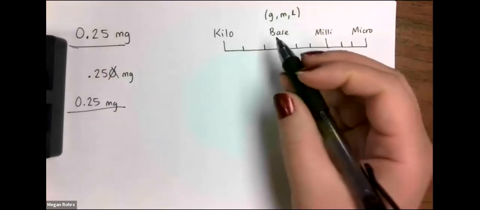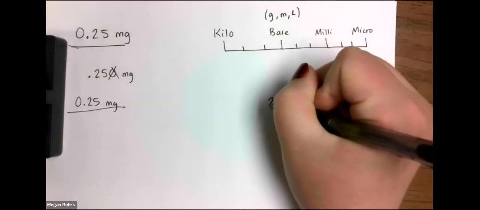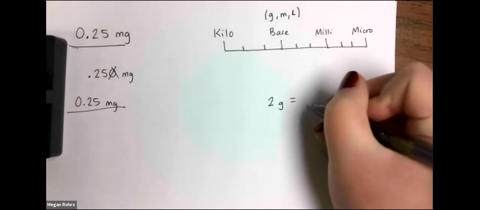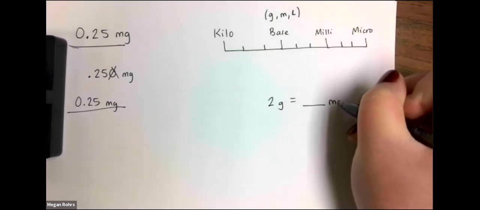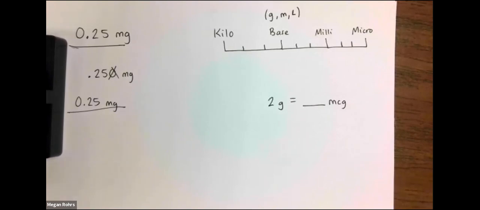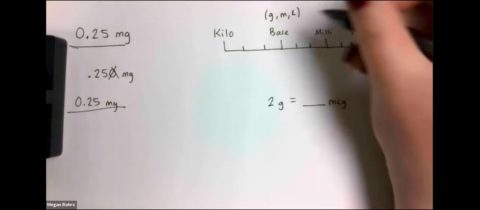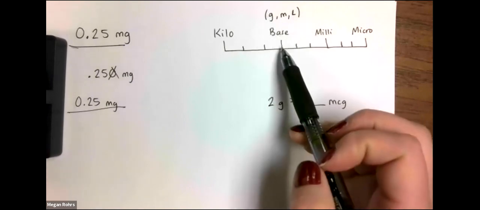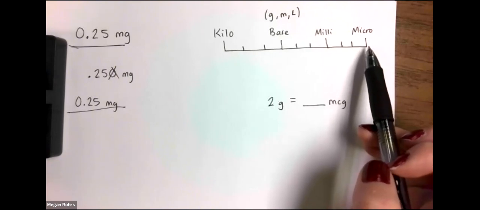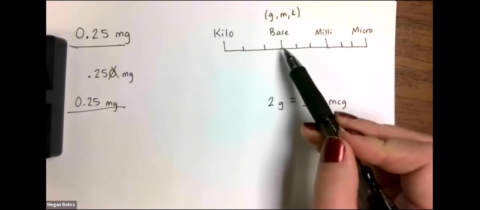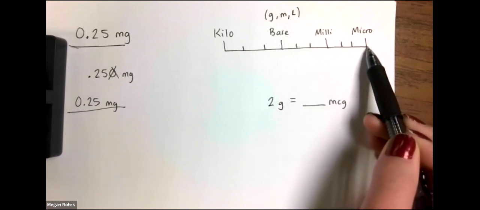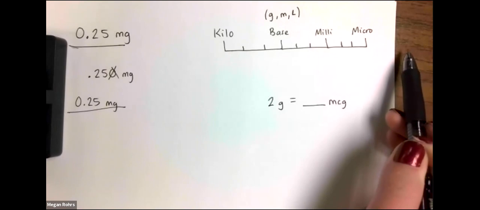So for example, let's say I have 2 grams and I want to know how many micrograms that is. Okay, so if I'm starting here at my base unit, I can see how many places I'm going to move to get from my gram to my microgram using that prefix. So if I'm starting here, I'm going 1, 2, 3, 4, 5, 6 places to the right.